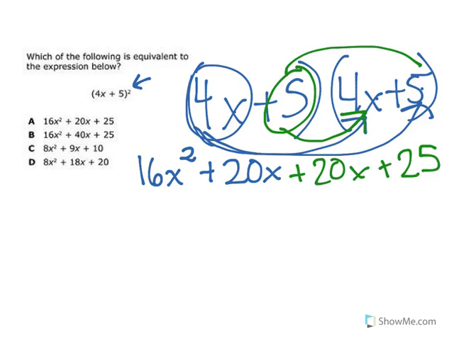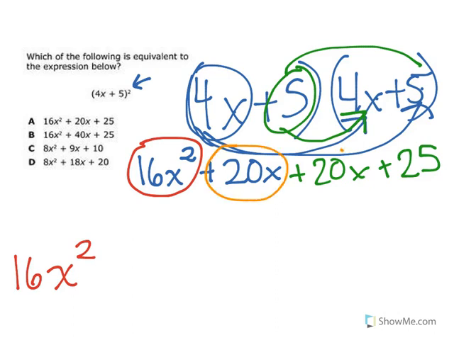Now that I distribute, I can combine my like terms. So I have x squared, but I don't have anything else that's x squared. So that is final, 16x squared. My next is I have 20x and another 20x. So 20 plus 20 is 40x.